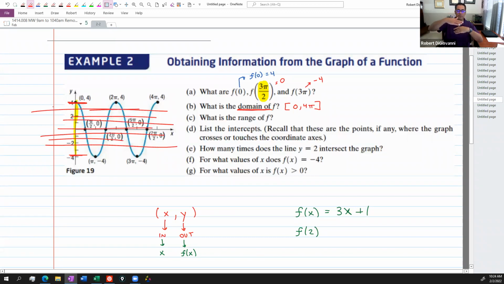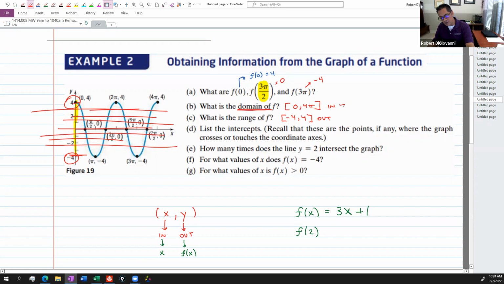But the lowest y value we ever get is -4, and the highest y value we ever get is +4. So all the outputs are between -4 and 4. So these are the outputs, these are the inputs. All your inputs have to be between 0 and 4 pi. All your outputs have to be between -4 and 4. Does that make sense or not?